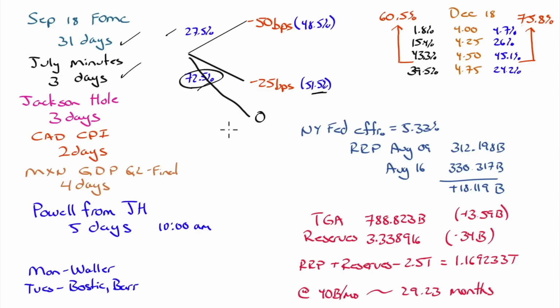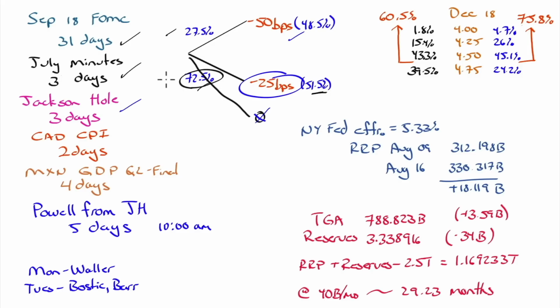None of them want to be remembered that way, so they're being overly cautious. I seem to think that 25 is the base case. I don't think that zero is going to happen regardless of what the data is. I think your 25 is your base, maybe 50 if the economy is in fact deteriorating and the data continues to show that. The data since the pandemic has been, I'm not going to say questionable, but it's been unreliable.